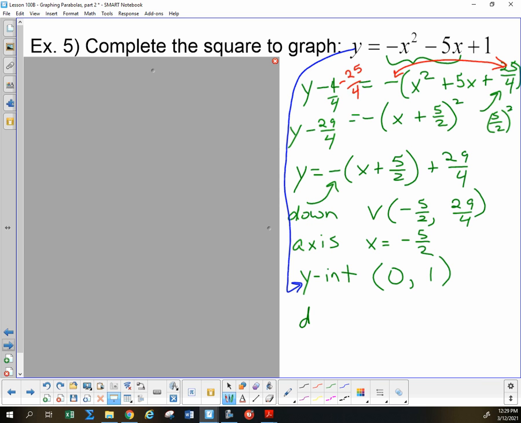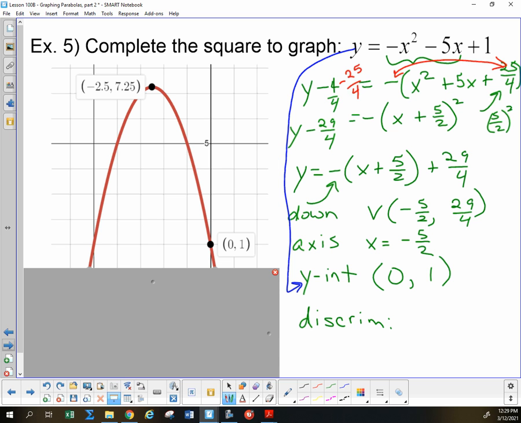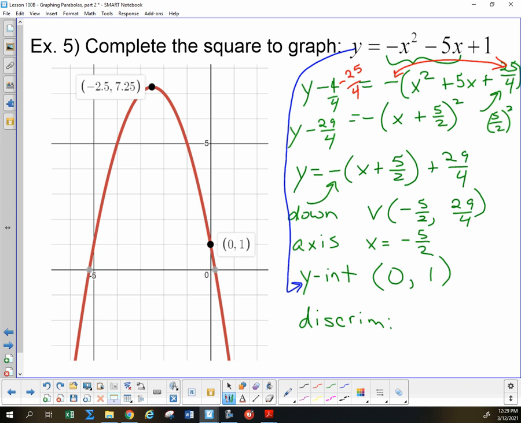I'm not going to actually find the x-intercepts in the interest of time, and just because it would be so messy on this problem, but let's take a look at what we have so far. So we have the vertex, negative 5 halves, that's the same as negative 2 1/2. 29 fourths, that's 7 1/4, so that looks right here on the graph. The y-intercept is 0, 1.